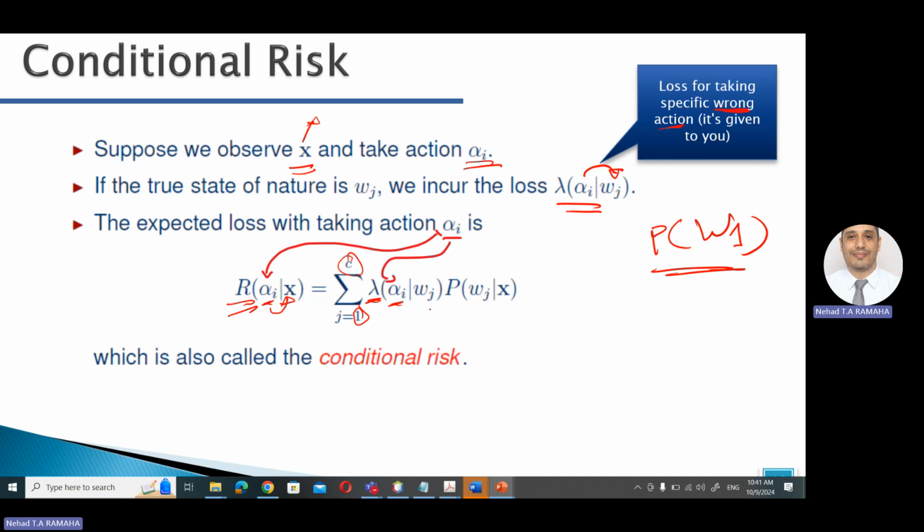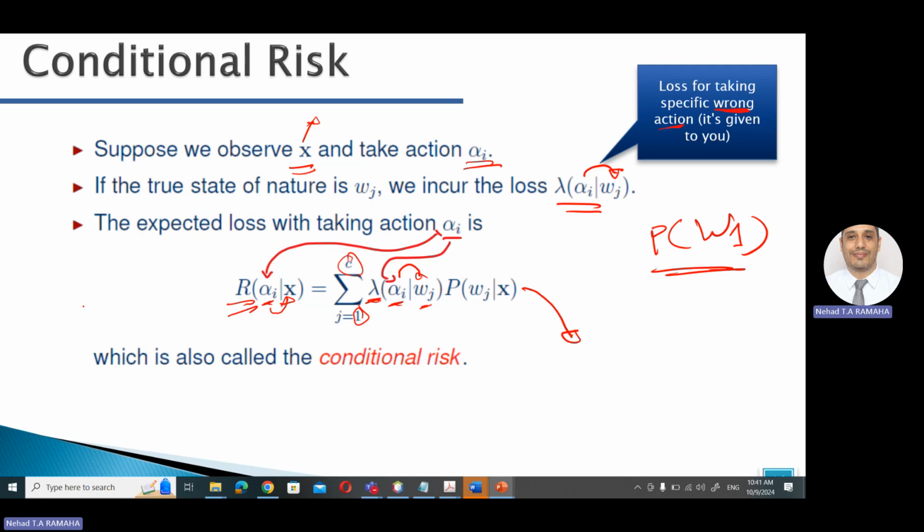Okay, alpha with W, specific alpha with specific W. So summation, we will take all the different classes. Specific alpha with all of the different classes. How to write it? This one, this general, yes?